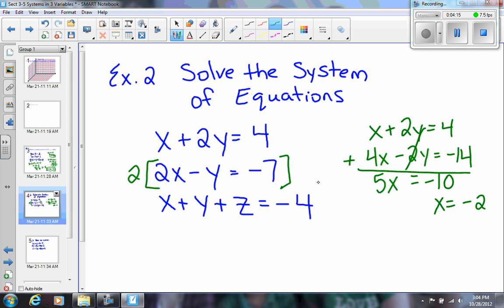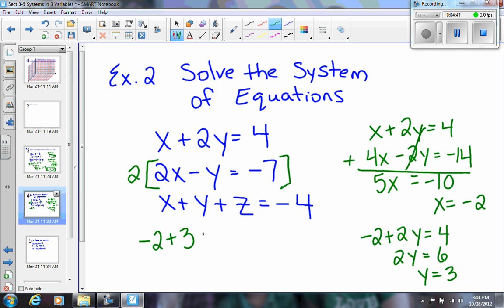Since I know x, I can substitute into either one of the first 2 equations, and I'm going to use the first equation. So I get negative 2 plus 2y equals 4. If I add 2 to both sides, I get 2y equals 6. So y is 3. So now I know x and y. All I need is z. And we can go to the last equation and substitute. X is negative 2.